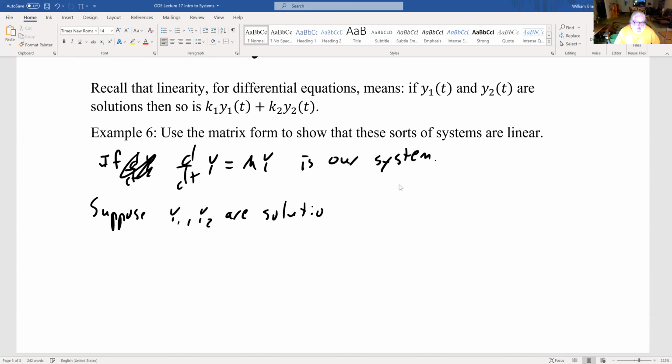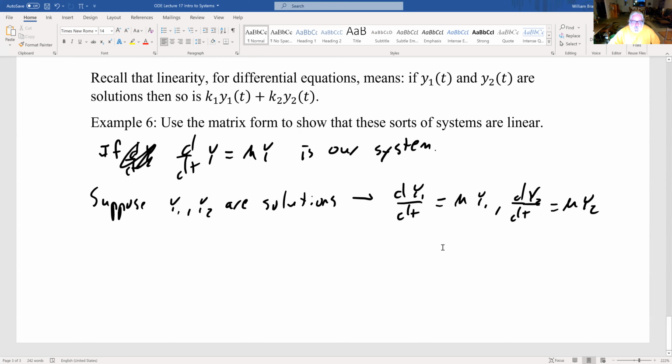What does that mean? That means that the derivative of y1 is M times y1, and the derivative of y2 is M times y2. So how can we show that the sum k1 y1 plus k2 y2 is a solution?